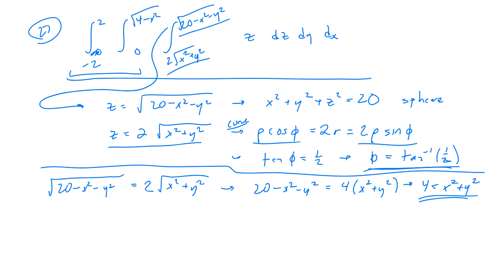Otherwise we'd be getting something weird, which we wouldn't easily be able to do. Suppose we got that this was square root of 1 minus x squared, so a cylinder of radius 1. Then we'd have to break up the integral, because part of the way we'd have the cone, but as the cone gets bigger as it goes up, it would then stop at some point and become a cylinder.